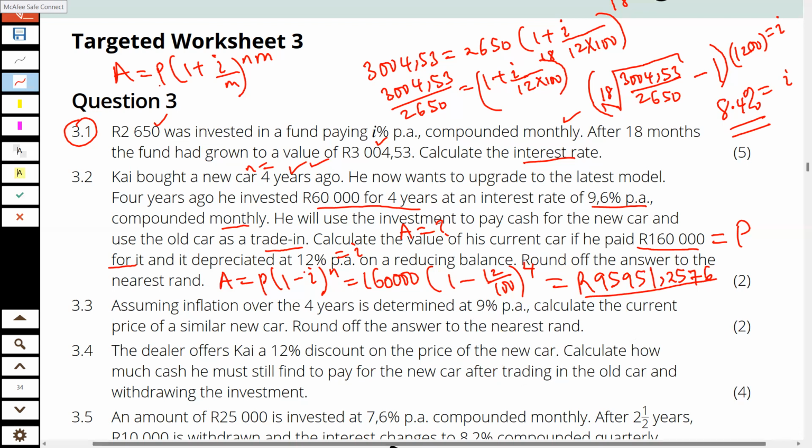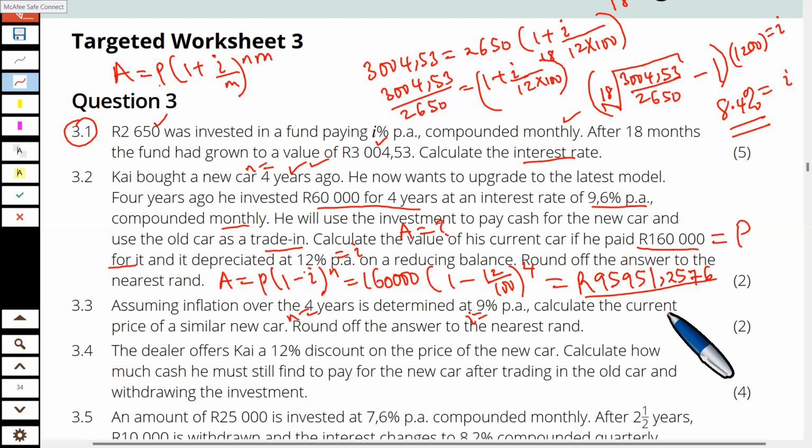So now when they give you this, they mean that I is this one. Calculate the current price of a similar new car rounded off to the nearest. The inflation over the 4 years, n equals 4, is determined at this. Calculate the current price of a similar new car.